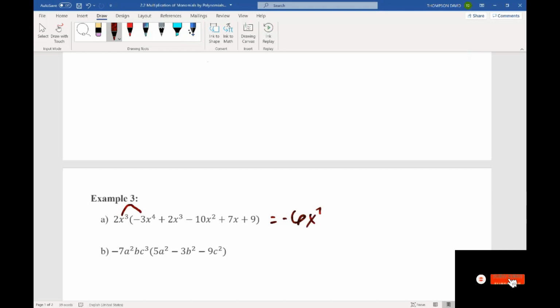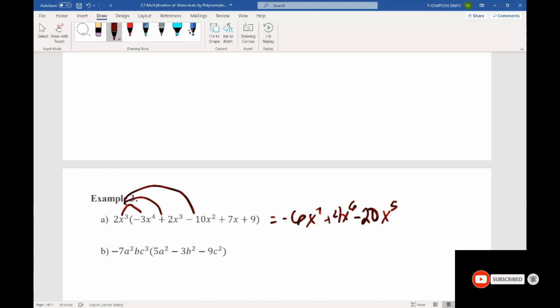And then we have 2 times 2x cubed will give me plus 4x. 3 plus 3 will give me 6, so it's x to the 6th. 2 times -10 will give me -20. And then x cubed times x squared will give me x to the 5th.